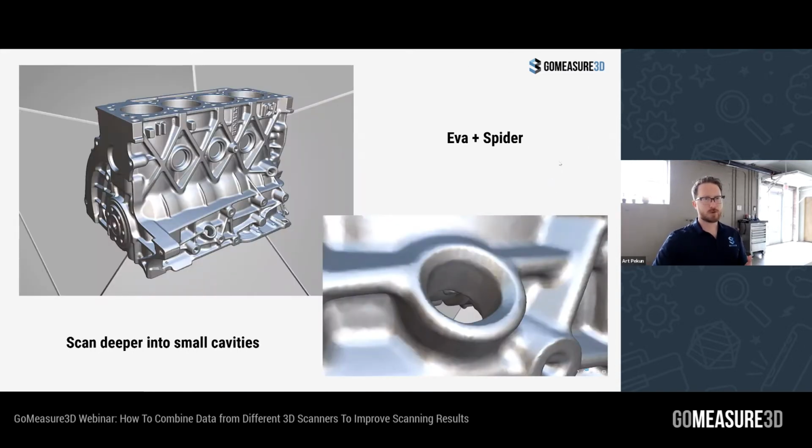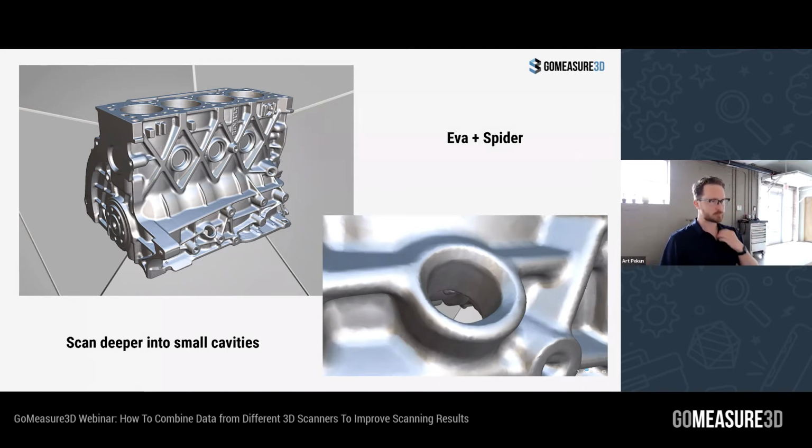Another reason we find people are scanning with multiple scanners is to get deeper into certain cavities. The distance between cameras on these scanners varies, and on the Space Spider the cameras are much closer together, so it can see into smaller cavities better than scanners like the EVA and the Leo.